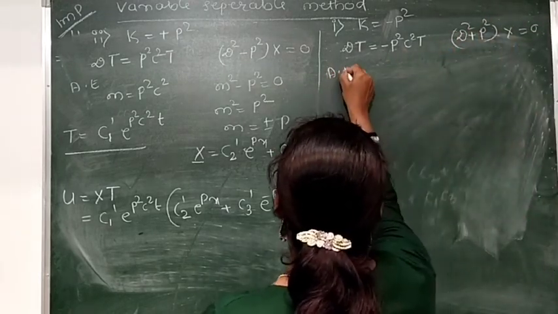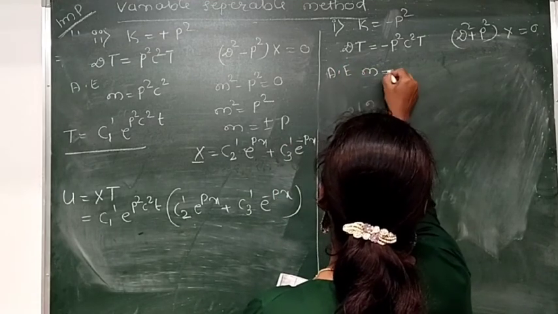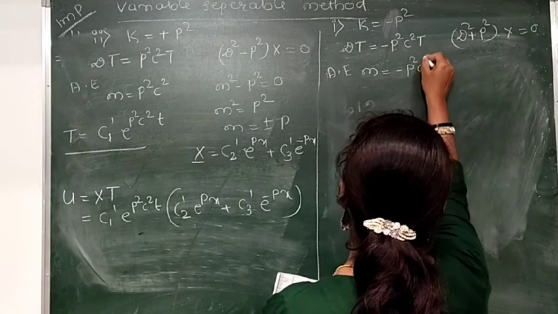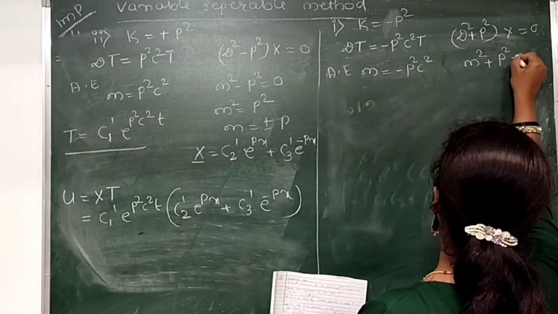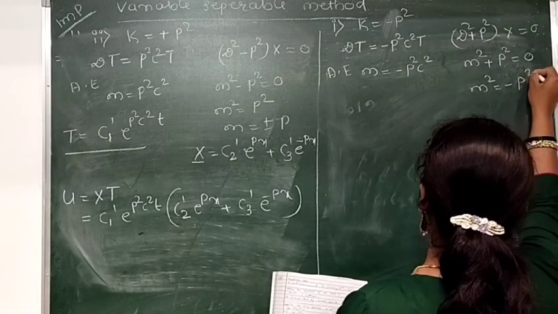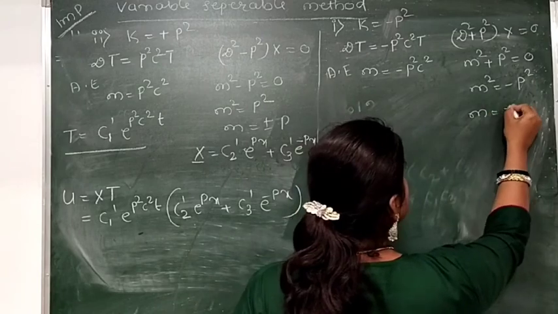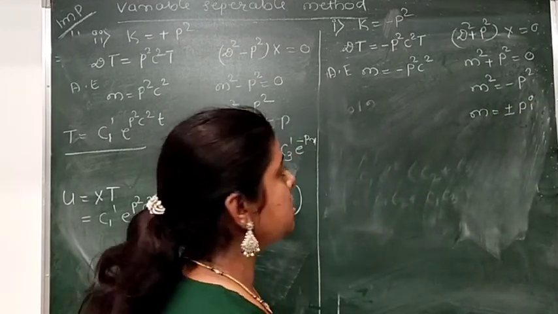The auxiliary equations become m = -p² c², and m² + p² = 0, so m² = -p², m = ±pi, because the minus term is there.